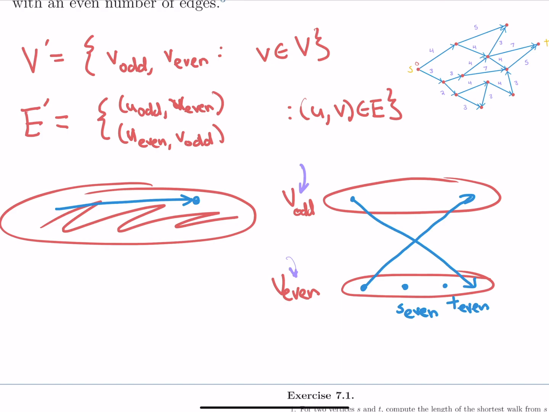So I just have to find a path in this graph. How many edges have we created? Just 2 copies of every edge and 2 copies of every vertex. It might seem clumsy, but you haven't increased the size of the graph by any substantial amount. This is actually a very good, slick, economic idea.